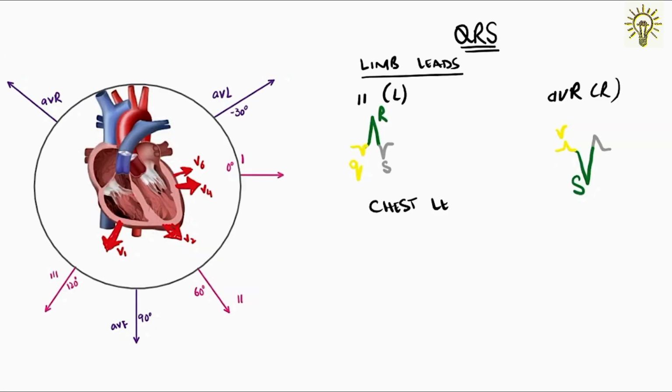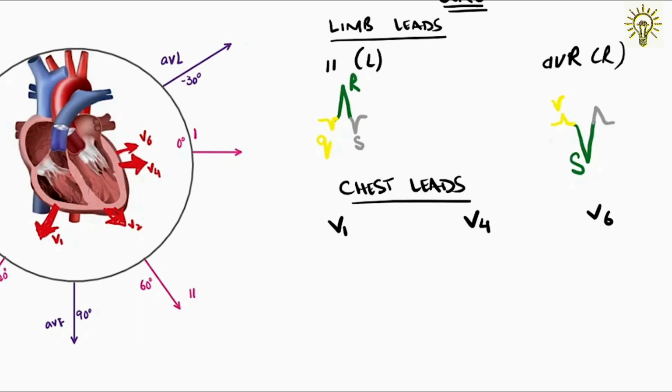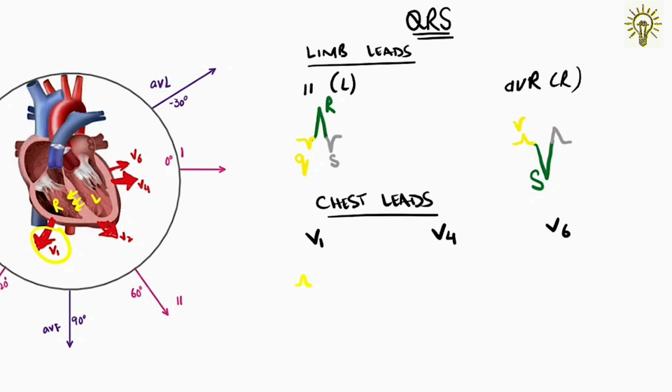Let's see how the chest leads interpret the three ventricular depolarization events. The first, yellow colored interventricular septal current wave moving rightwards would move towards V1, but away from V4 and V6, therefore causing a small positive r on V1 and a small negative q on V4 and V6.